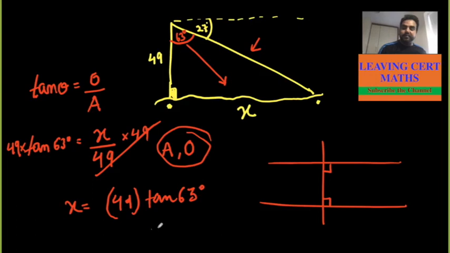How much is the answer? 96.16, right? 96.17 to 2 decimal places.